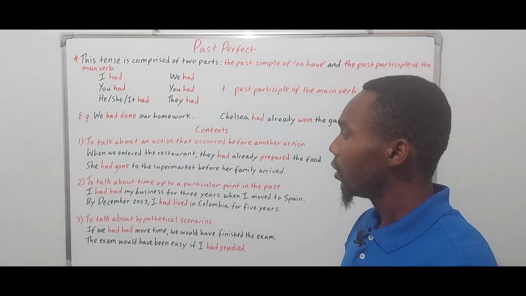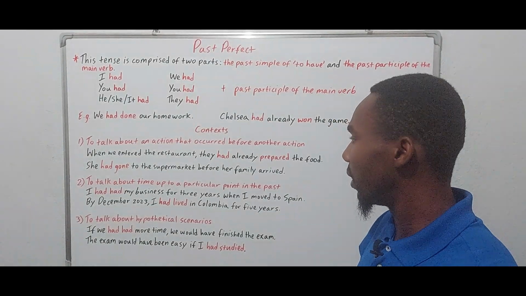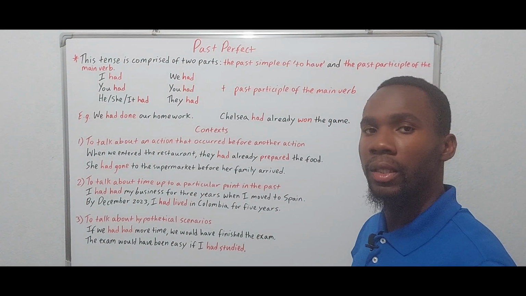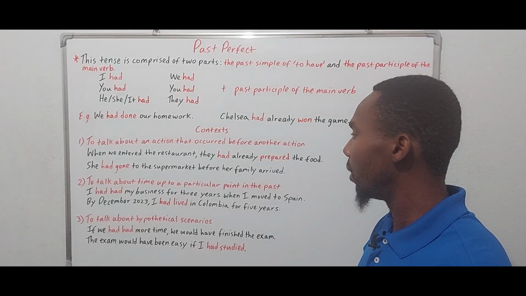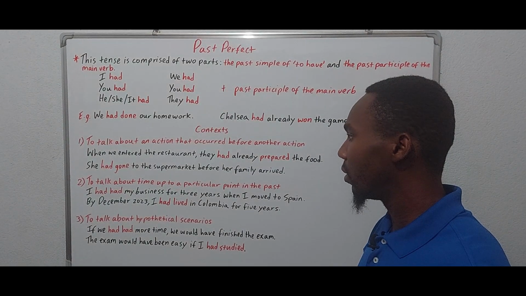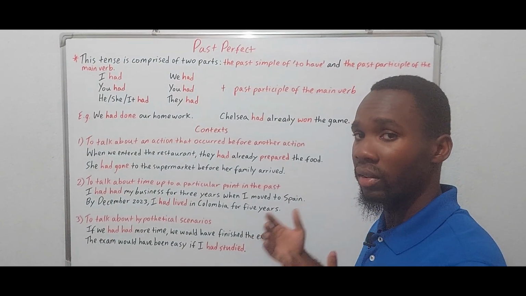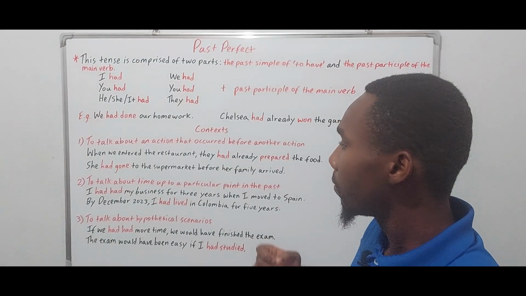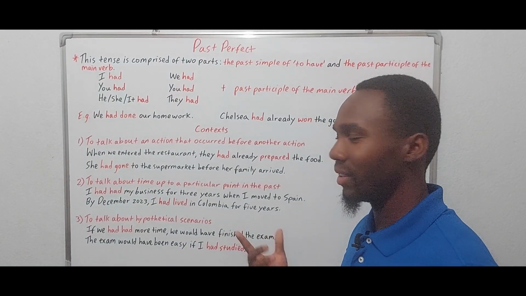Good. Two, to talk about time up to a particular point in the past. I had my business for 3 years when I moved to Spain. Now let's analyze this. What does this mean, right? I had my business.